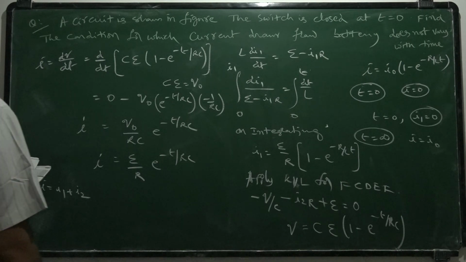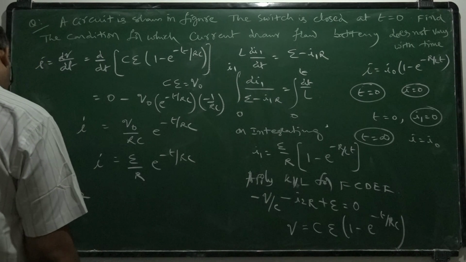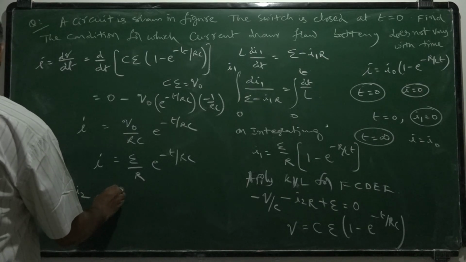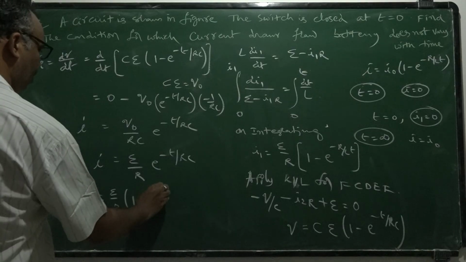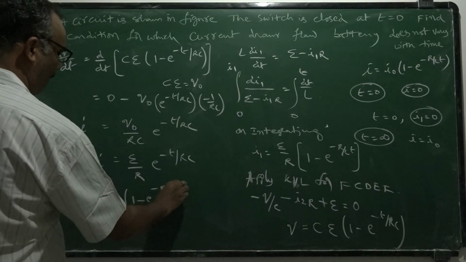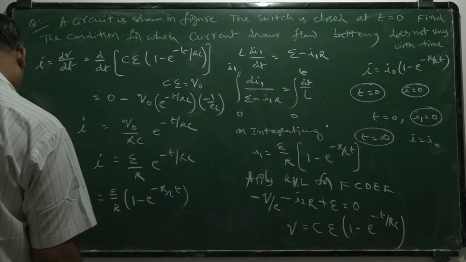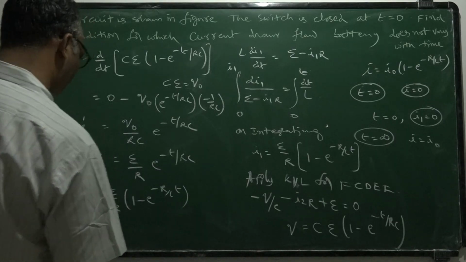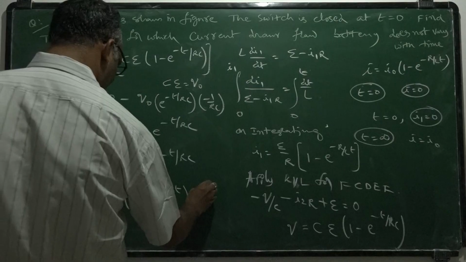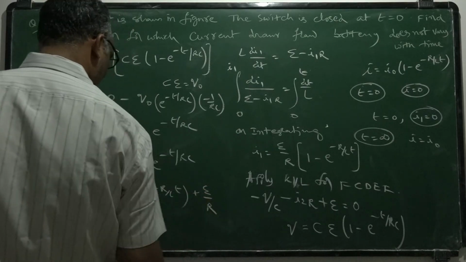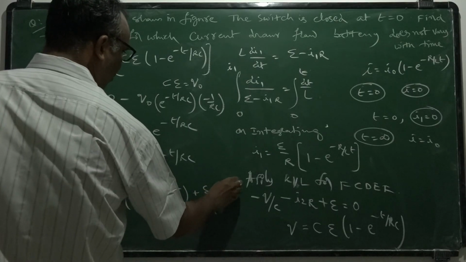I1 is the current passing through the inductor, given by E by R into 1 minus e power minus R by L into t. Similarly, I2 is the current passing through the capacitor, which we just calculated as E by R into e power minus t by RC.